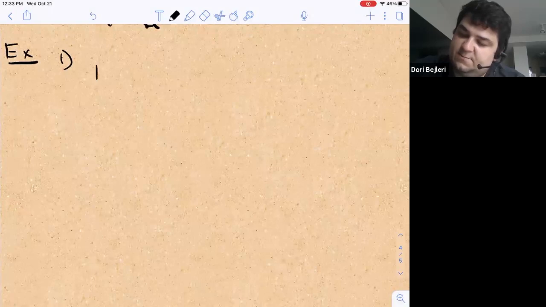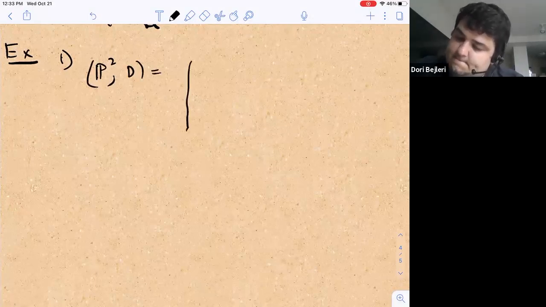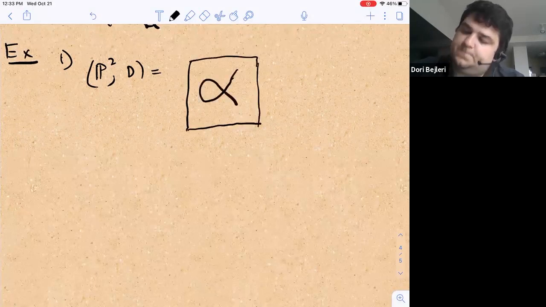So let's say we have P² with an irreducible nodal cubic with coefficient 1. So D is really this irreducible nodal cubic, and the coefficient is 1.